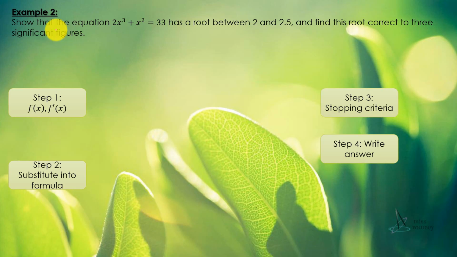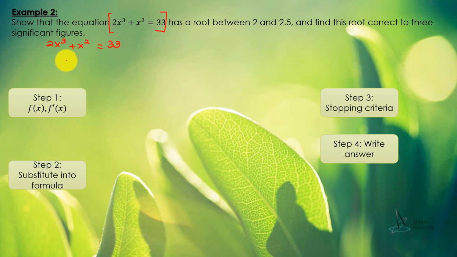Example 2: show that the equation 2x cubed plus x squared equals 33 has a root between 2 and 2.5, and find this root correct to 3 significant figures. Firstly, copy down the equation: 2x cubed plus x squared equals 33.